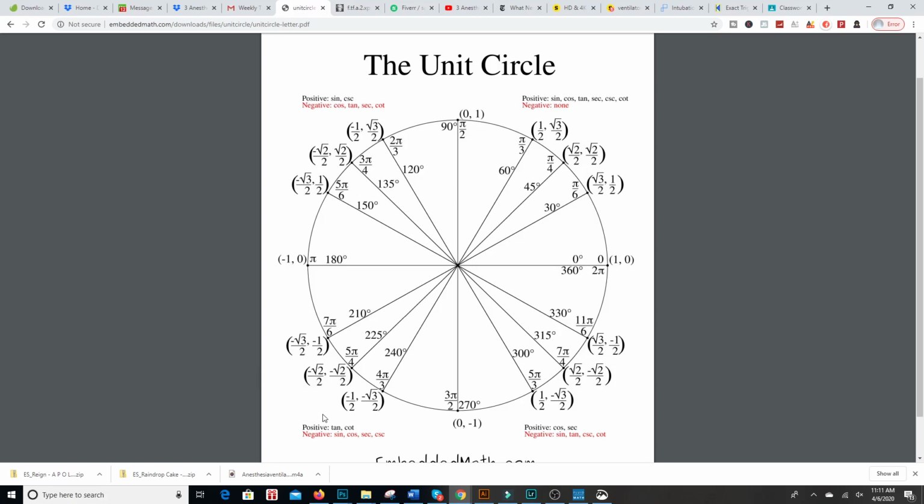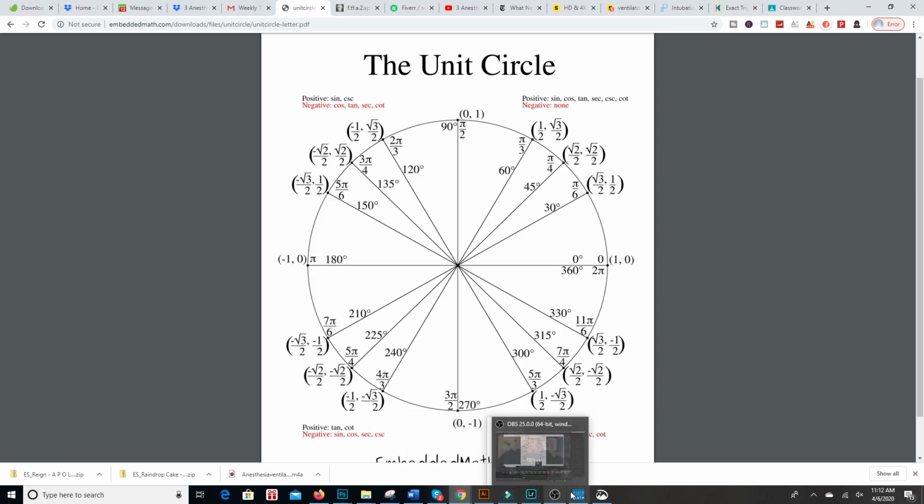I don't know if you guys can see that, I'm just trying to circle it with my mouse. So the answer is 225.